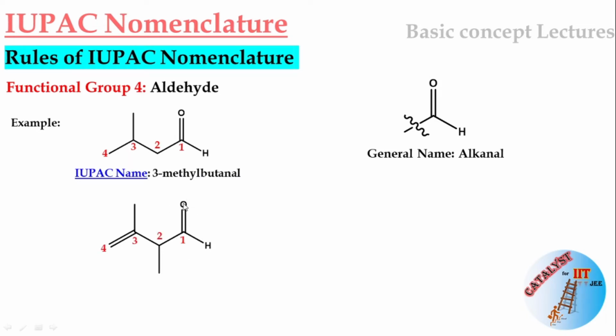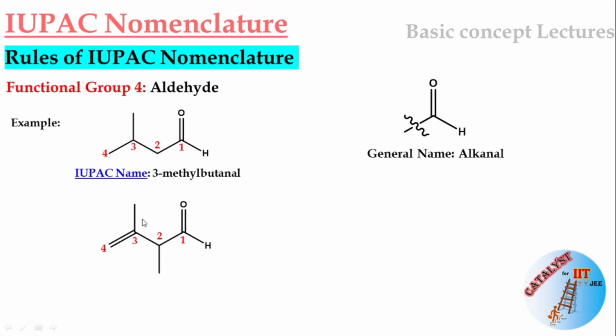And this is your parent chain, which contains both this aldehyde functional group as well as your double bond, and on the third position your double bond is present, and according to the rule you have to give this third position before writing your general name for this functional group.